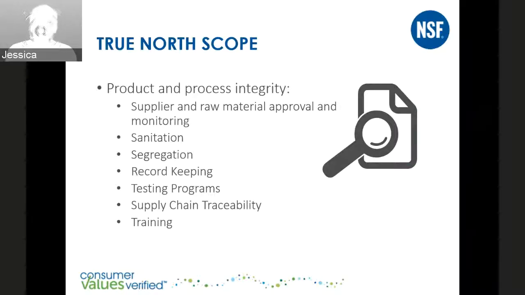While this may sound daunting, if the facility has a HACCP plan or is certified to a GFSI food safety standard like BRC or SQF or other similar third-party certifications, or if the facility is certified organic, then your operation more than likely has these procedures in place. And what True North is trying to do is to build upon those procedures or find ways to incorporate True North within those procedures. We don't want to reinvent the wheel.